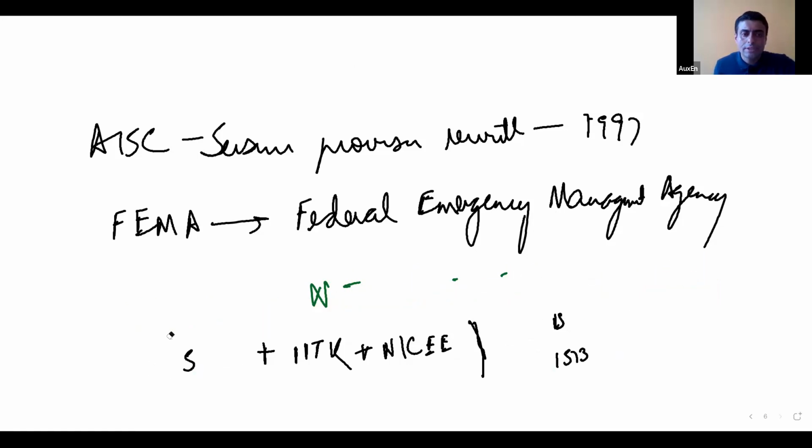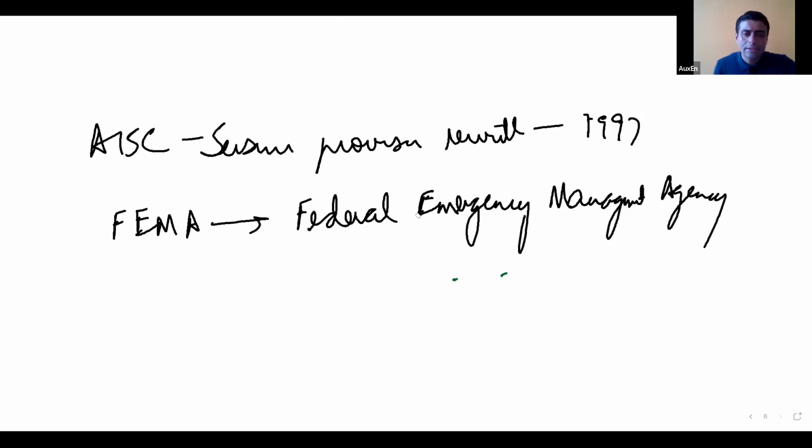So coming back, I was telling you that after the 94 earthquake, the AISC seismic provisions were rewritten in 1997. Then FEMA also came out with codes mainly dealing with steel structures, FEMA 350 to 355.